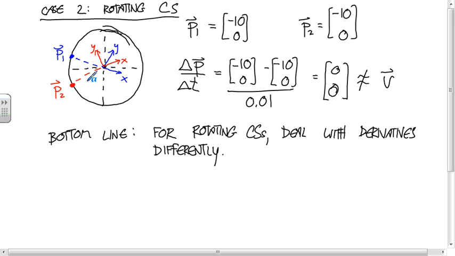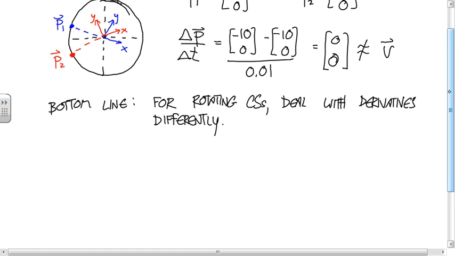There's also a mathematical explanation, and it came up when I was talking about the chain rule. No, sorry, the product rule.